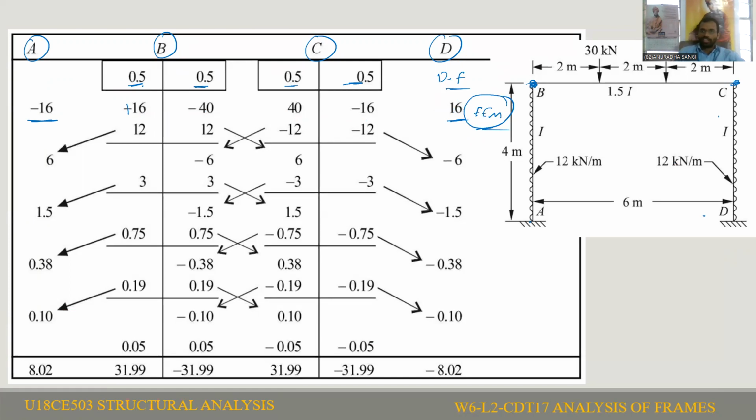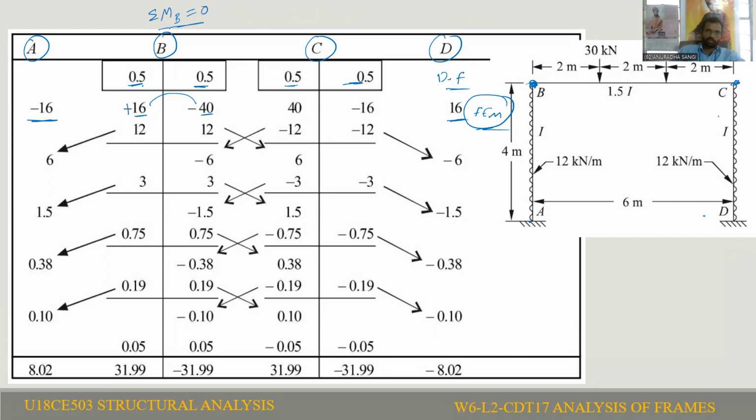After that, we have to identify whether the joints are satisfying the joint equilibrium equation or not. These are the fixed moments, plus 16 and minus 40. If you see joint B, it is not satisfying the joint equilibrium equation. That means the summation of moments at joint B must be equal to 0.